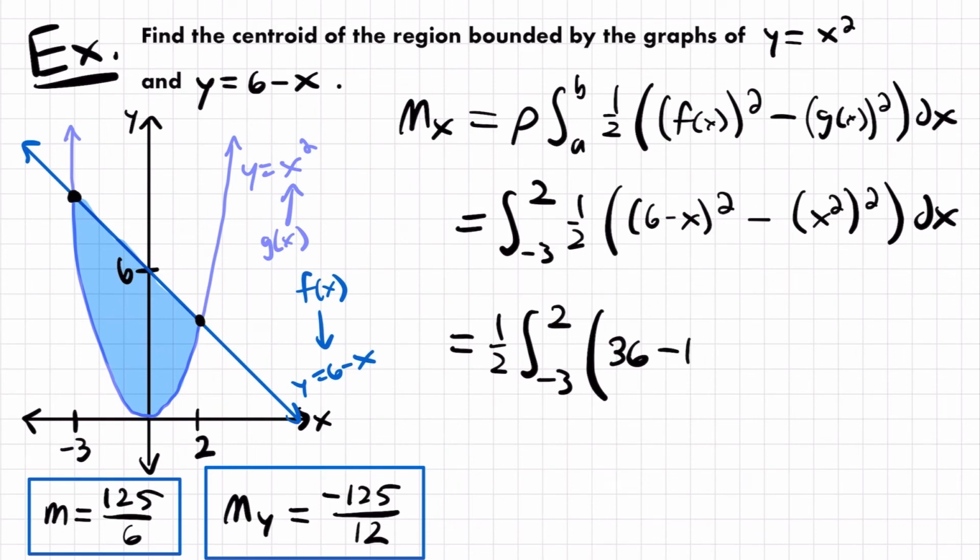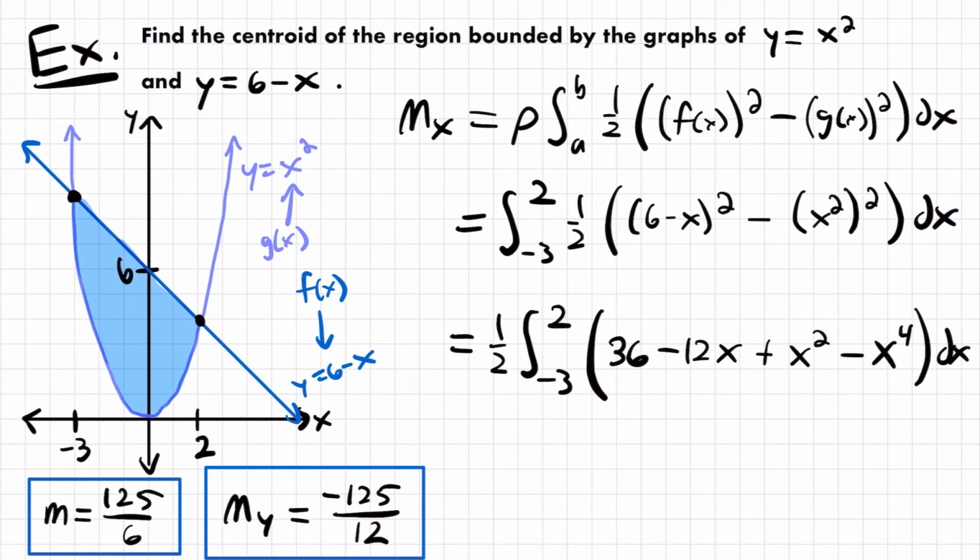So we'll have negative 12x, because 2 times negative 6 is negative 12, and then we will add the last term squared, and negative x squared is x squared. So we will have x squared, and then we will subtract (x squared) squared, which is x to the 4th power, if we multiply those exponents, and so we will have x to the 4th power times dx.